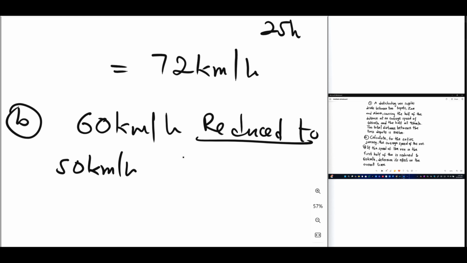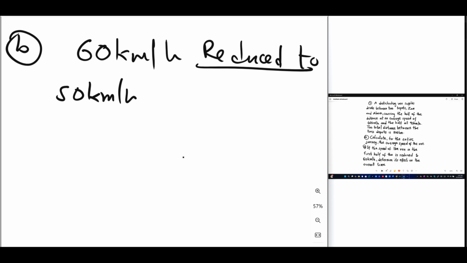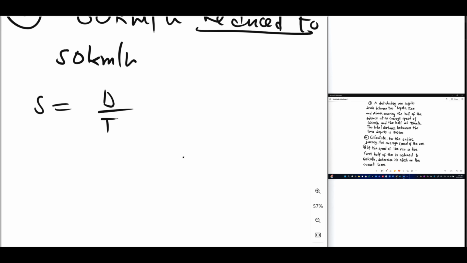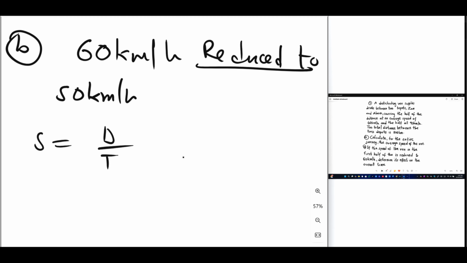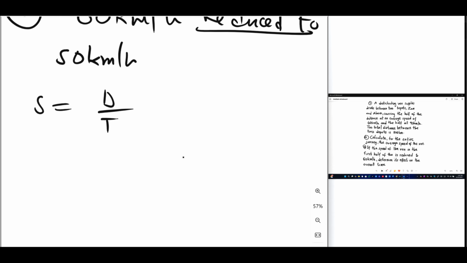So let us determine the time that the van took to cover that same half distance using the speed of 50 kilometers per hour instead of the 60. So speed is distance over time. So we are going to determine the time that the van used to cover the same half distance using a speed of 50 kilometers per hour.